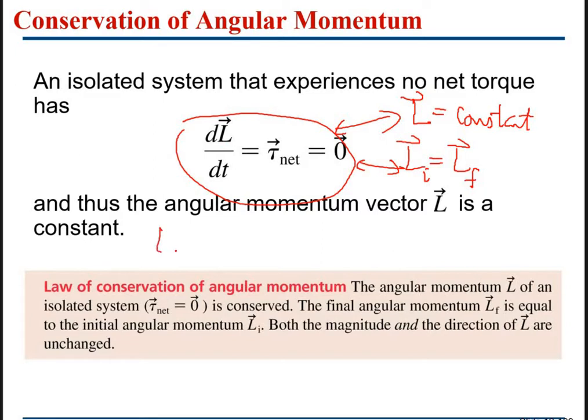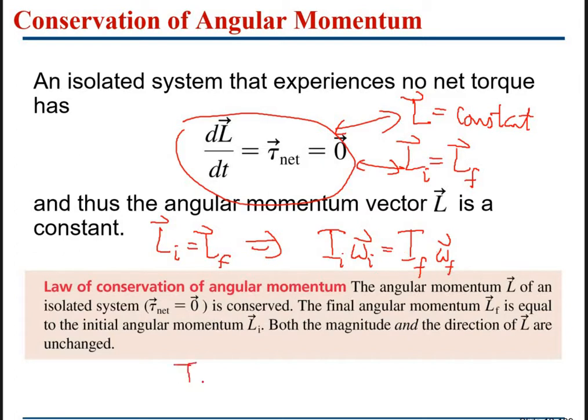So L initial equals L final implies that I initial omega initial is going to be equal to I final omega final, right? And so if you change your moment of inertia, you change your angular speed. This principle lets ice skaters change their angular speed by changing their moment of inertia.